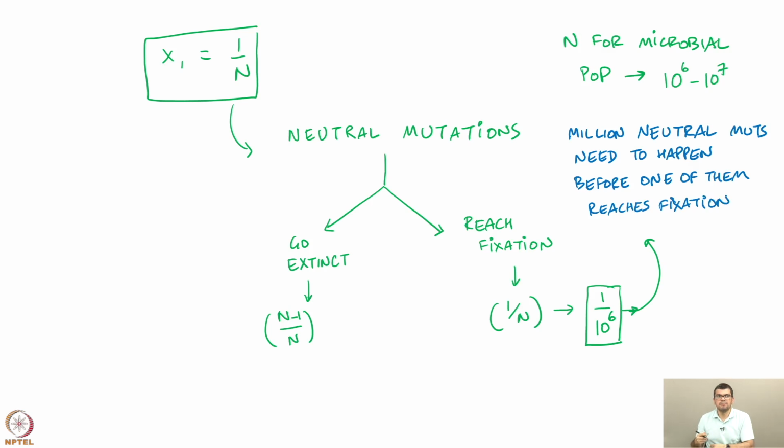So, out of 10 power 6 mutations that happened, only one reached fixation, and the remaining 10 power 6 minus 1 mutations, so 10 power 6 happened, 1 reached fixation, the other 10 power 6 minus 1 mutations went extinct.